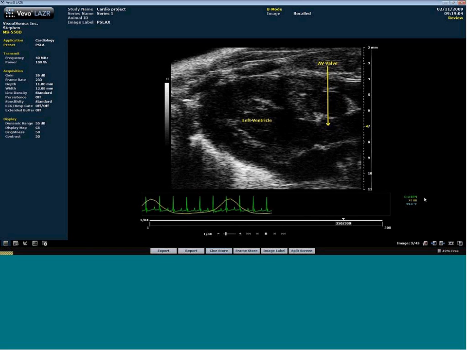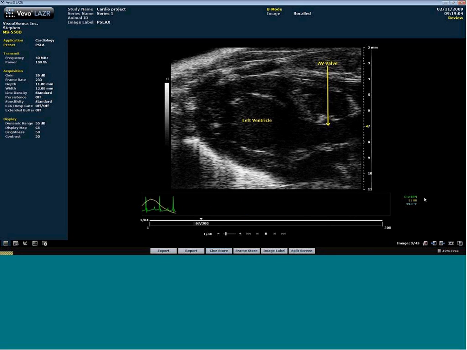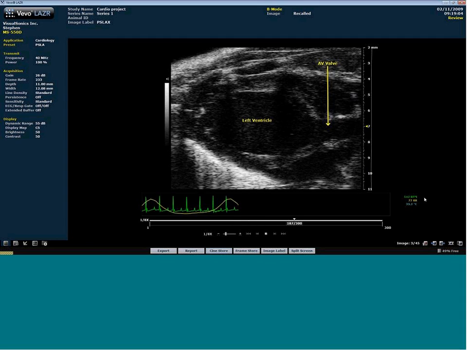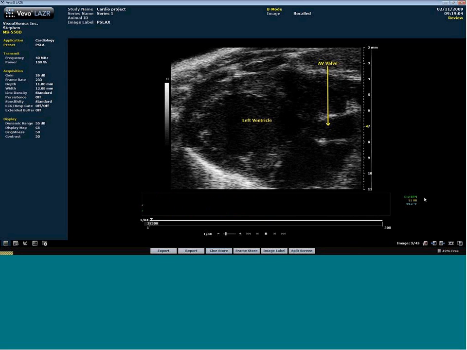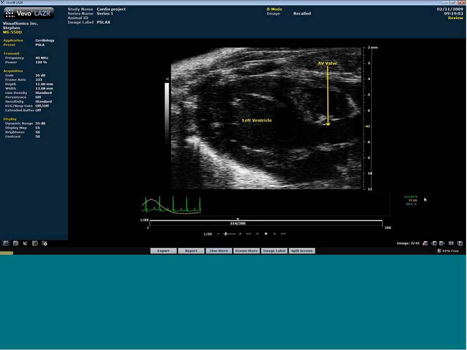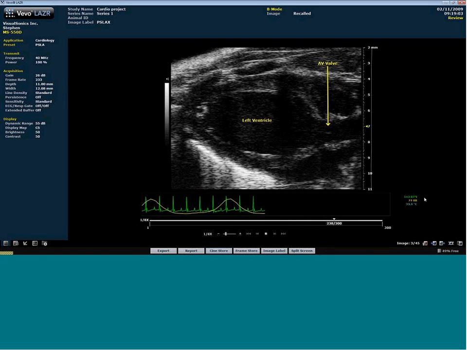And as we've discovered, body temperature really has a critical effect on the heart rate and the blood pressure in the animal physiology. So use the heat of the table, but also a heat lamp above, and when you're imaging, keep an eye on that body temperature and really try to keep it in a tight range.